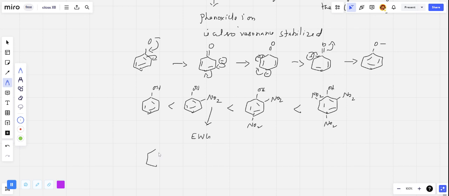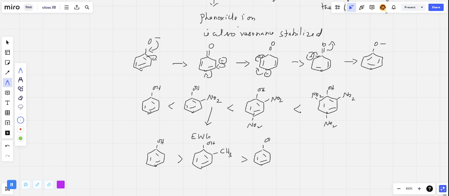Electron releasing group means an alkyl group. If an alkyl group is present, with OH and one CH3, it releases electrons. That means it is an electron releasing group, so its acidity decreases.